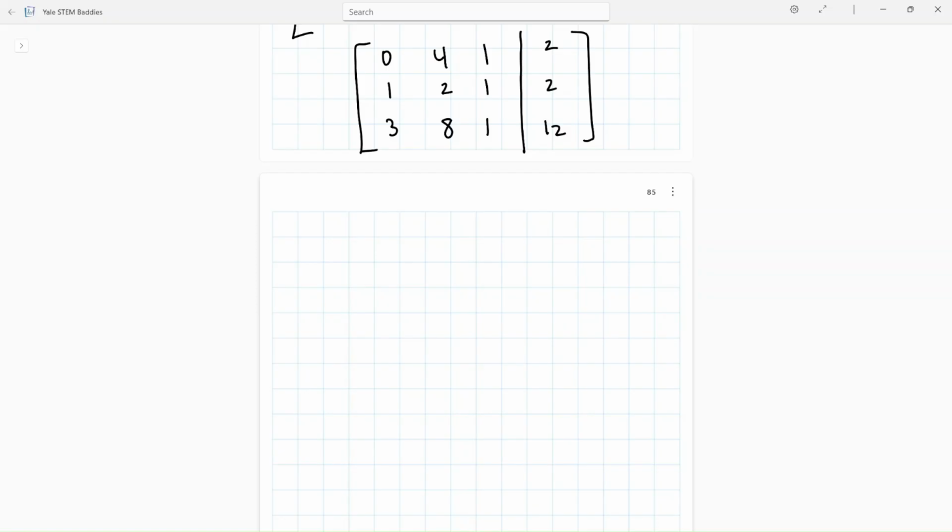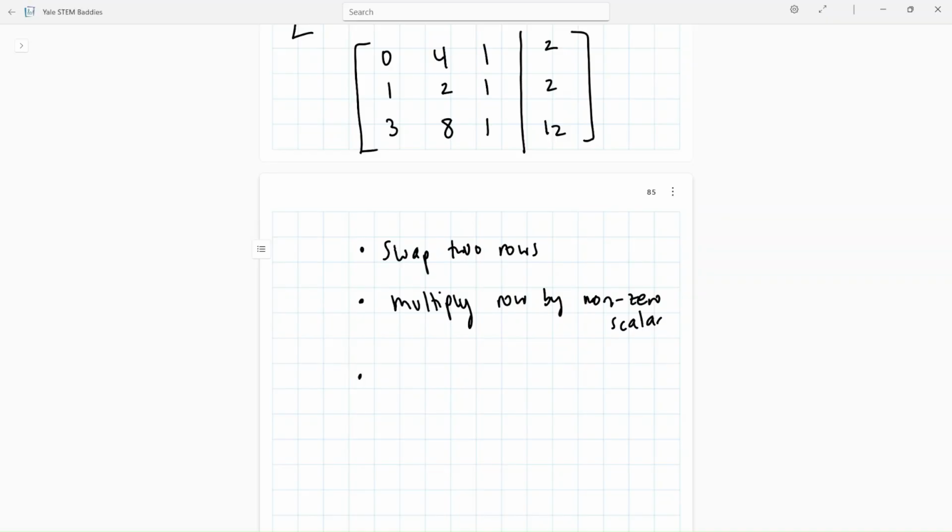Remember that in Gaussian elimination, we can apply the following row operations. We can swap two rows. We can multiply a row by a non-zero scalar.